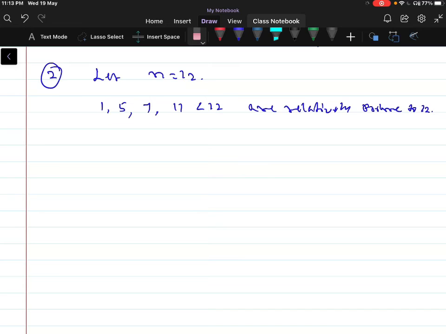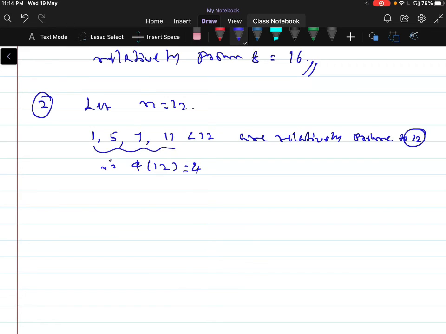So therefore phi(12) is equal to 4. There are 4 integers less than 12 and these integers are relatively prime with 12. So now we have to calculate the sum of the positive integers 1, 5, 7 and 11.